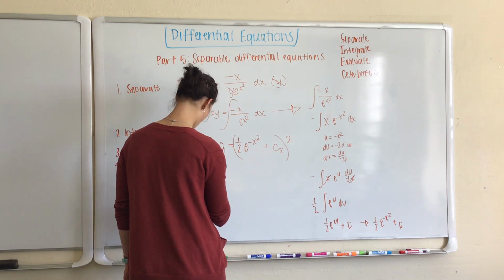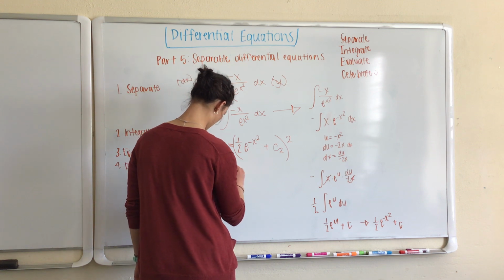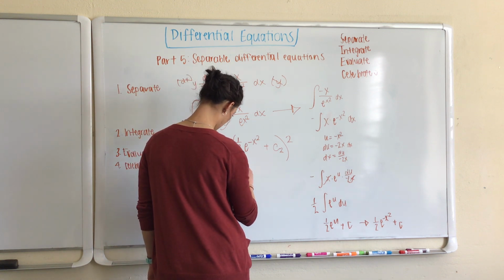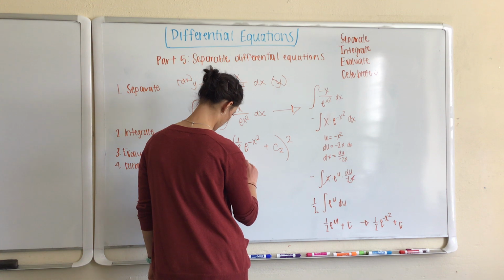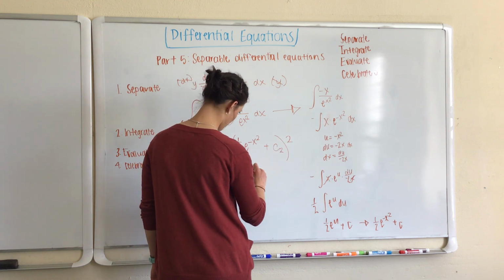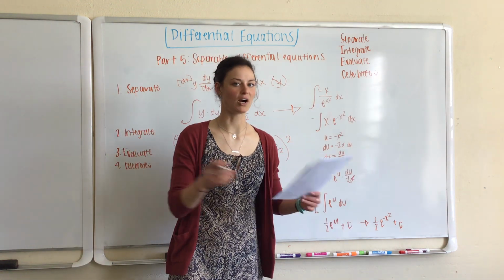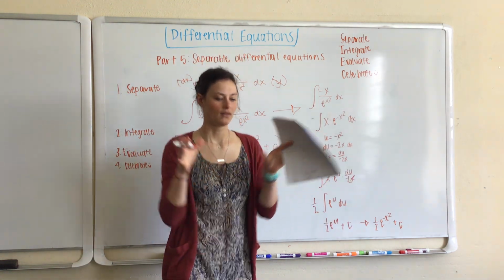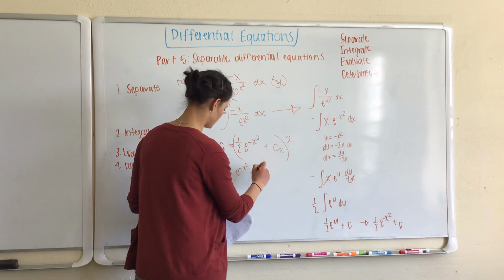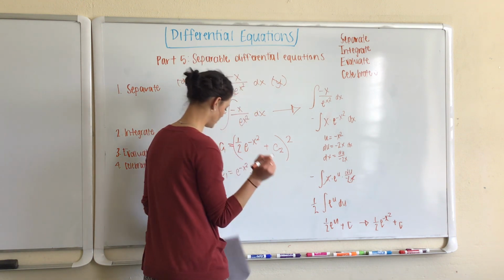So I'm going to have y squared plus c1 is equal to e to the negative x squared, because 1/2 times 2, plus 2c2, but 2 times any and all constants. Remember, that plus c just kind of absorbs it, so it's just plus c2 still.